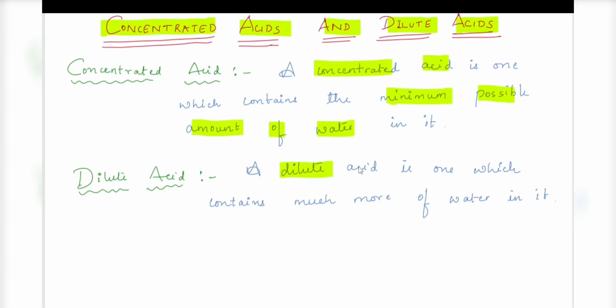And a dilute acid is one which has more water in it. Concentrated acids are dangerous because the quantity of acid present is more, and dilution is done in order to reduce the concentration of the acid. So these are the two ways we can categorize acids based upon the amount of water present in them.